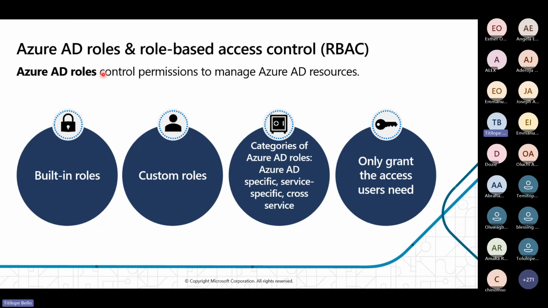Now, there is what they call role-based access control. When you create an account in Office 365 or Microsoft 365, each account has a role that is assigned to it. It might be a user role. A user role is just a simple user account that doesn't have access to anything else. Now, where role-based access control comes in, we gave an example of IT.